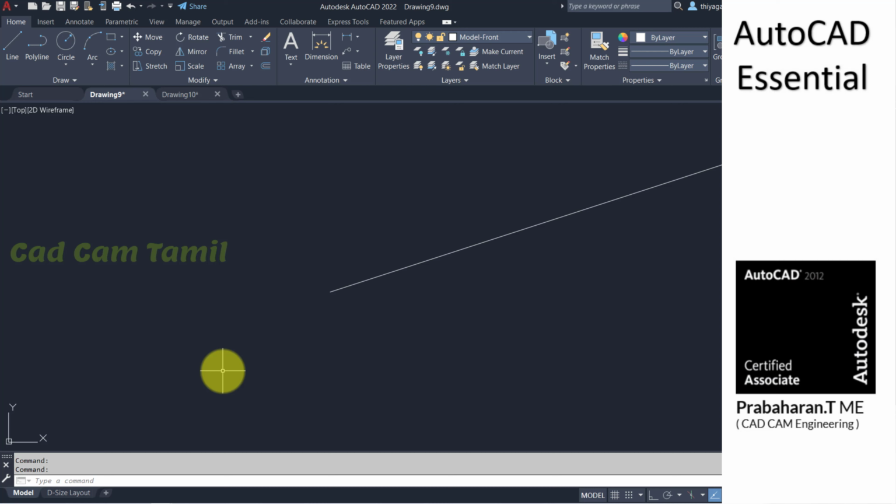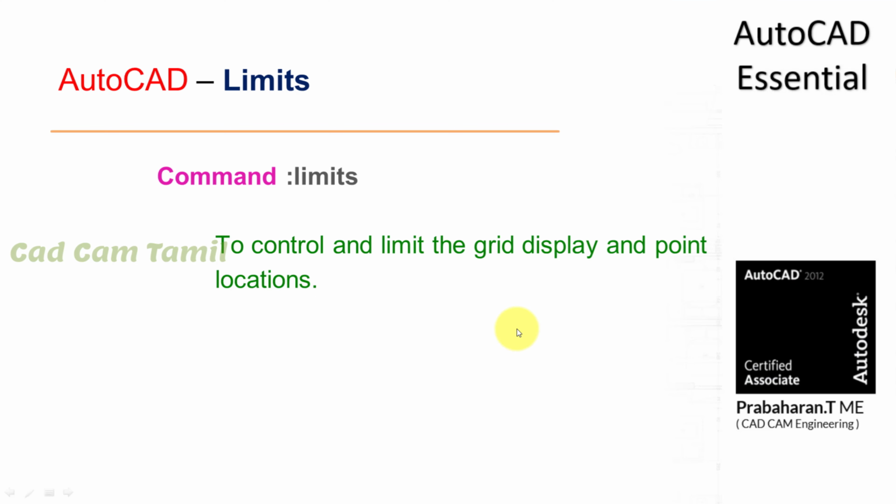This is called limits. So we have to set the limits of our drawing area. These limits help us control the visibility of our drawing area. Limits is the command to control and limit the display of point locations.